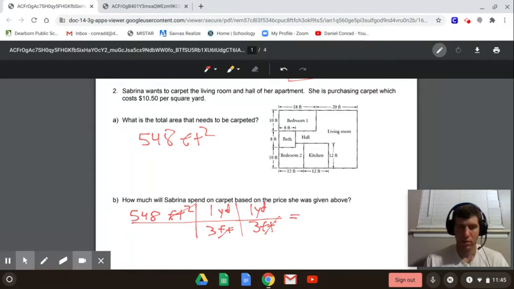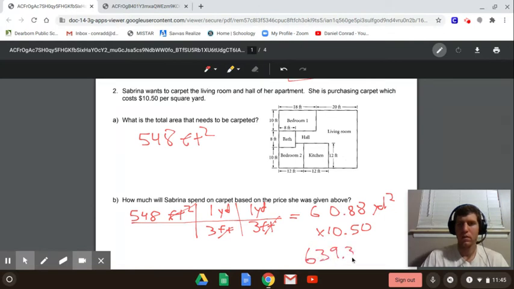So 548 divided by 3 is going to give us 60.88 yards squared that we need to carpet. Each yard squared costs $10.50, so we're going to multiply this by $10.50, which is going to give us $639.33.